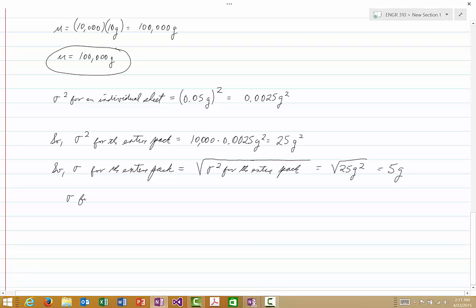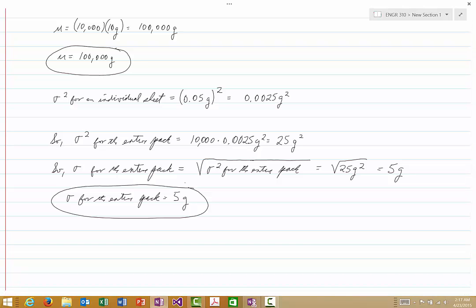Sigma for the entire pack is 5 grams. And that's how you find the mean for a sum of random variables and the standard deviation for a sum of random variables. So it's actually quite straightforward.